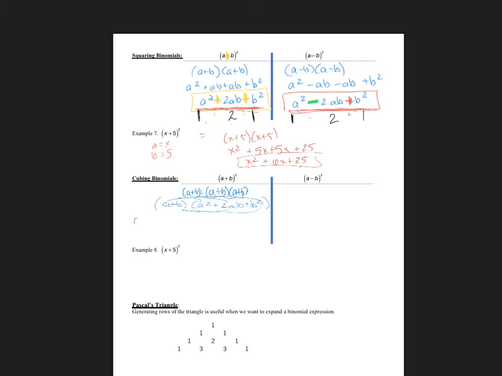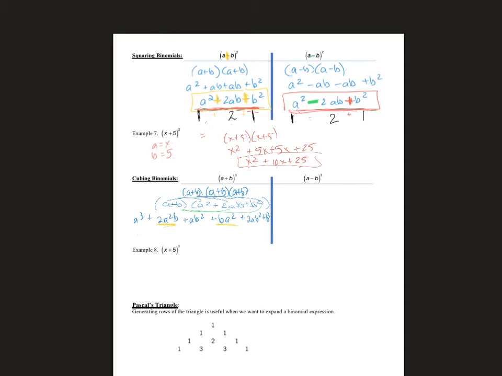That's going to give us a cubed plus 2a squared b plus ab squared plus ba squared plus 2ab squared plus b cubed. And then I would combine like terms. So let's look at our like terms. I have a squared b, a squared b.